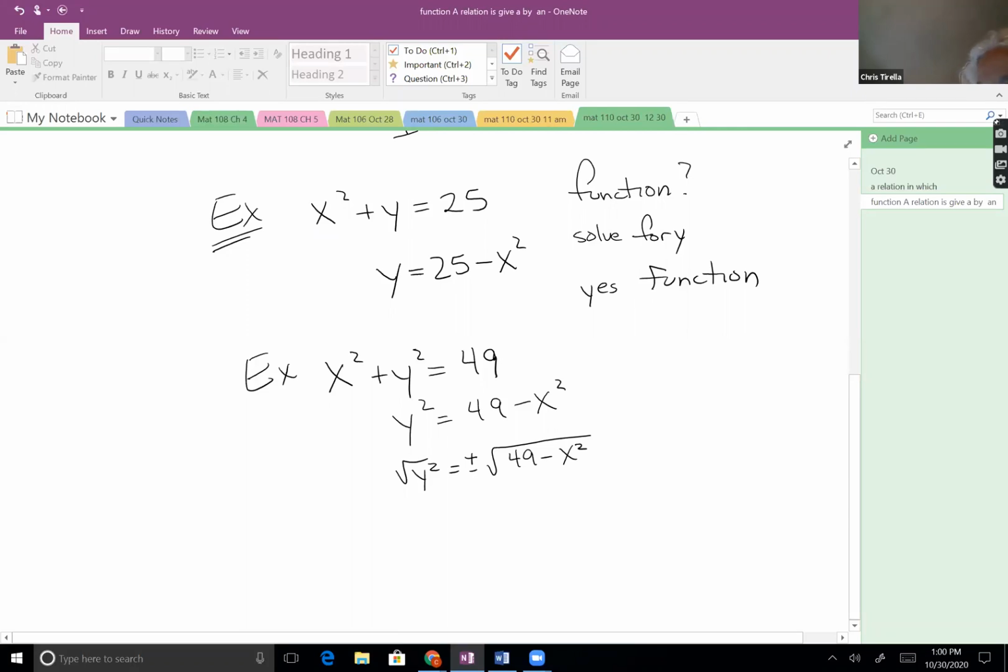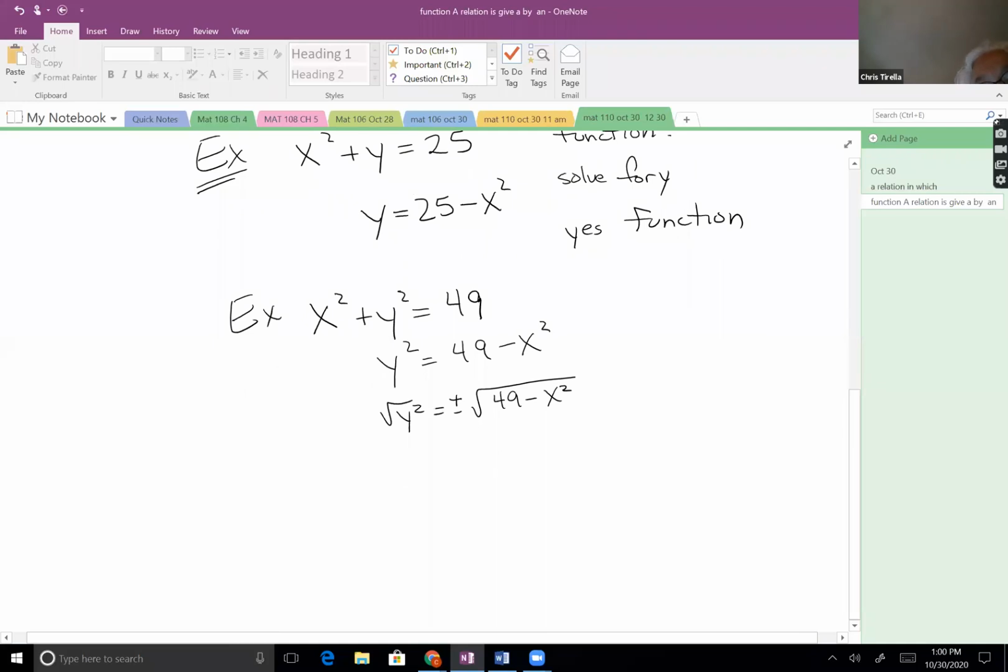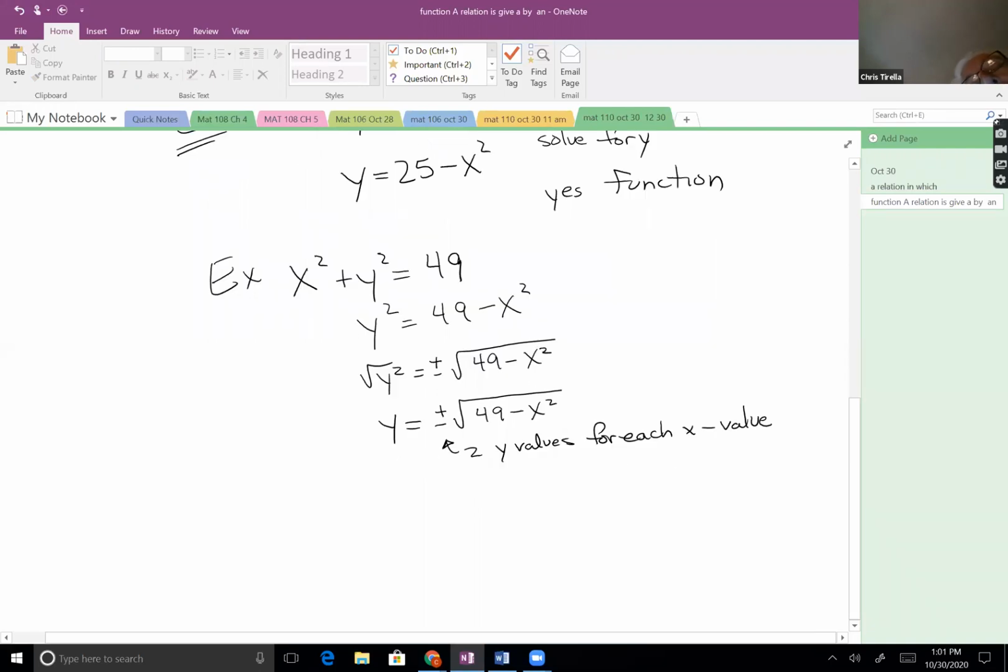Because we're not sure if we're referring to the positive or the negative root, we want to consider each. And so that gives me y equals plus or minus the square root of 49 minus x squared. And you see over here, I get two y values for each x value, one from the positive and one from the negative. I guess the only exception would be if x were 0, then we'd only get one. But for the most part, we'd get two y values for every x value, and so it's not a function.